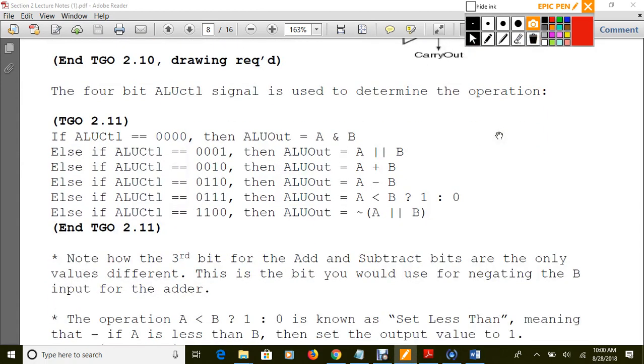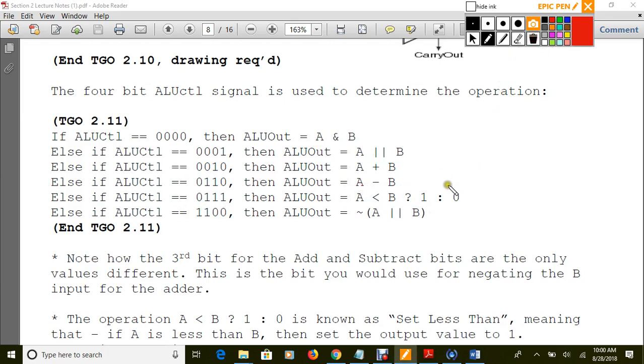If it's 4 zeros, then ALU out is going to be A and B. So we are ANDing all those values. If it's 0, 0, 0, 1, we're going to have OR. Then, as I've discussed, 0, 0, 1, 0 is add. 0, 1, 1, 0 is subtract. 0, 1, 1, 1 is going to be this value.